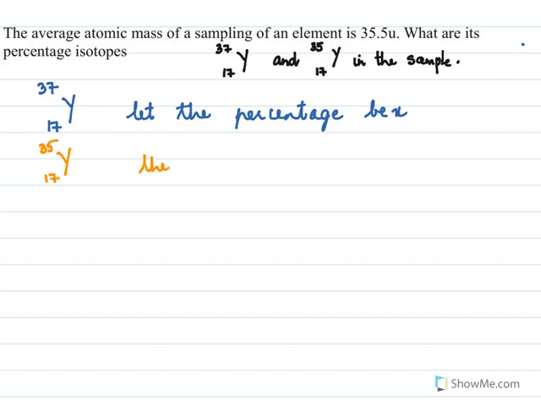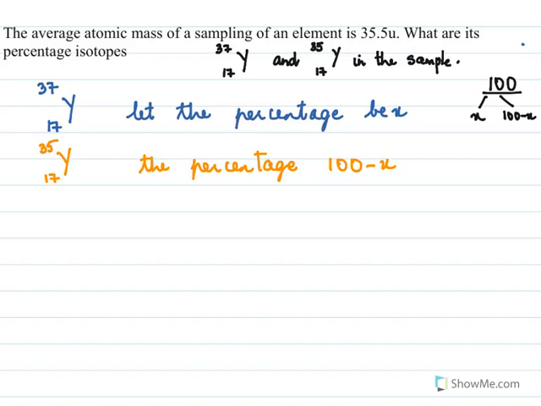And here, therefore, the percentage will be 100 minus X. Let me explain this. 100 is the total percentage. If one element is X, the other one has to be 100 minus X.